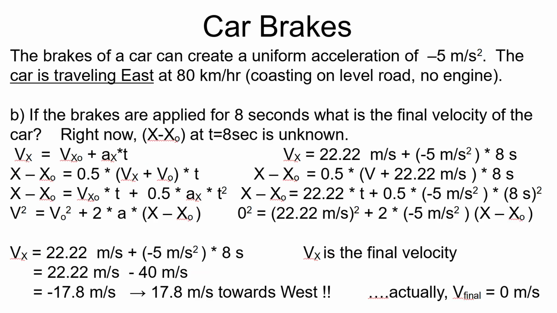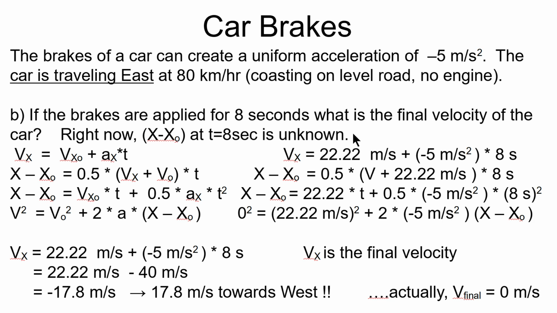Part B. Again, our car is traveling to the east at 80 kilometers per hour. If the brakes are applied for 8 seconds, what's the final velocity of the car? Well, we don't know at 8 seconds where the car is. The x minus x naught quantity is unknown.